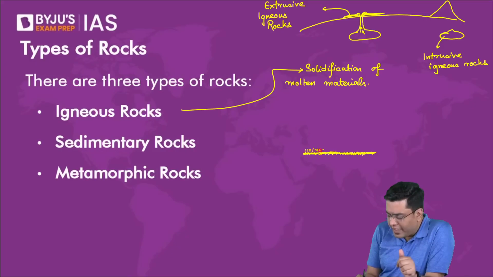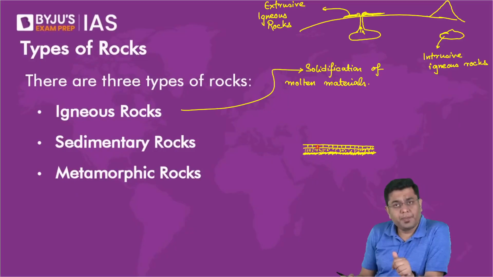More depositions will happen. Yes, very good, Ananya. With the passage of time, much more deposition will happen. Eventually, what will this lead to? A series of various different types of deposits.